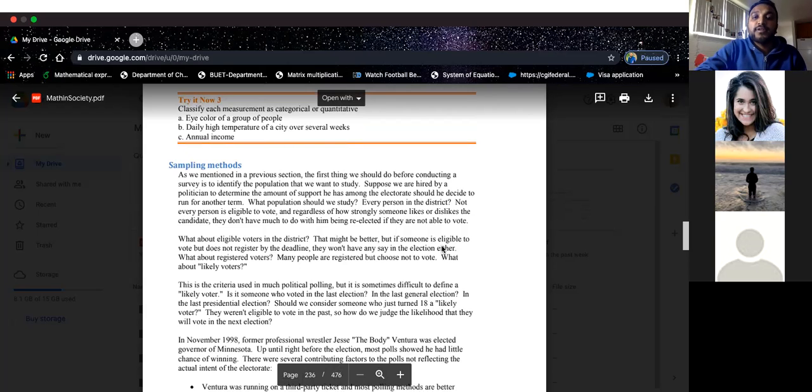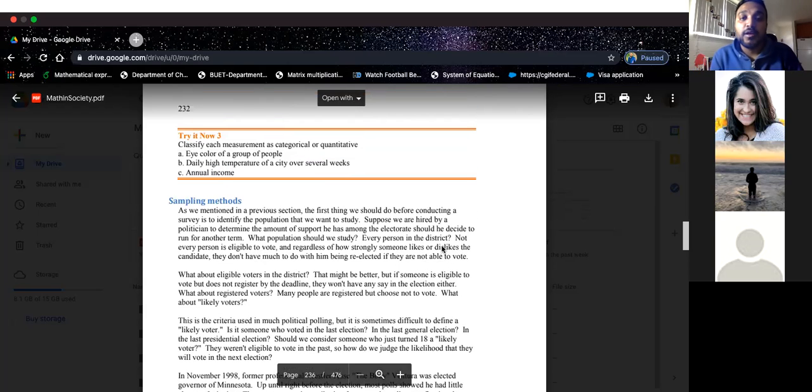We are just going over the example on the book. Let's say you have been hired by the current mayor of Laramie, okay, to determine the amount of vote he will get, the amount of support he will get in the next election. Since you have been hired to conduct a survey on that, I mean, how is he doing?